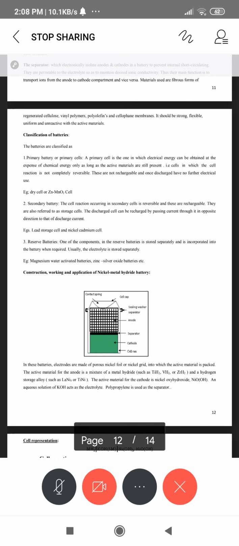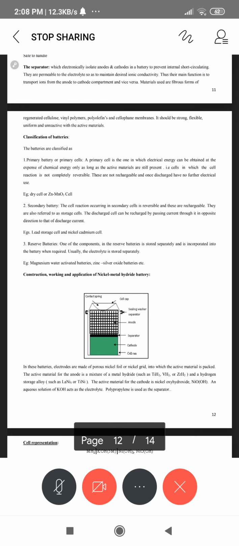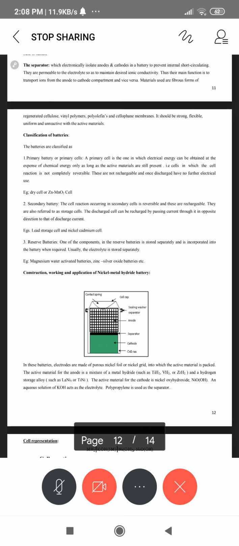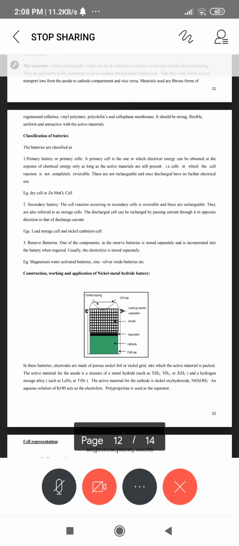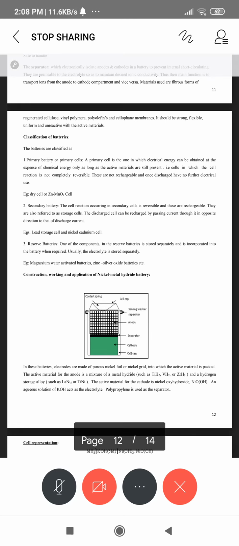Whatever end products are released at the time of discharging, the same are converted back into the original conditions at recharging time. So the same reactants and products are changing from one form to another form.